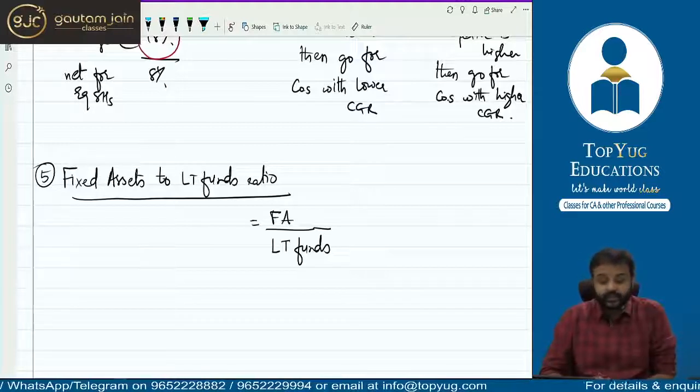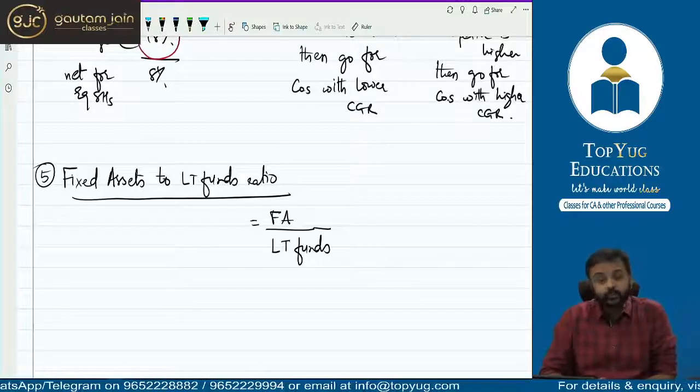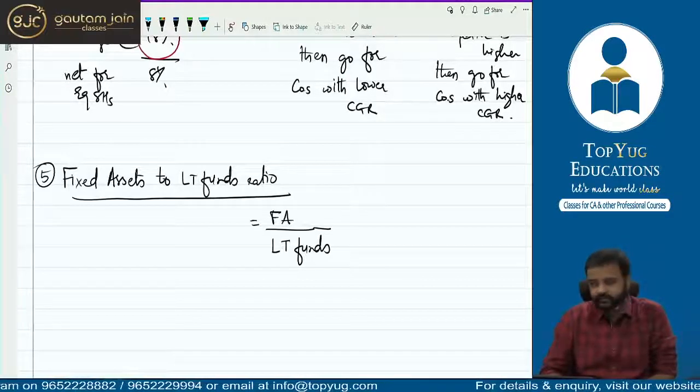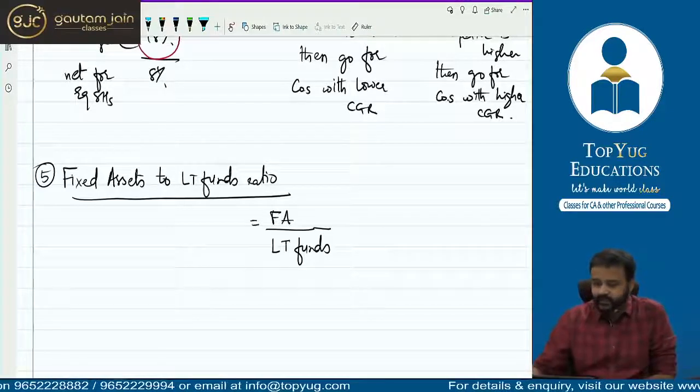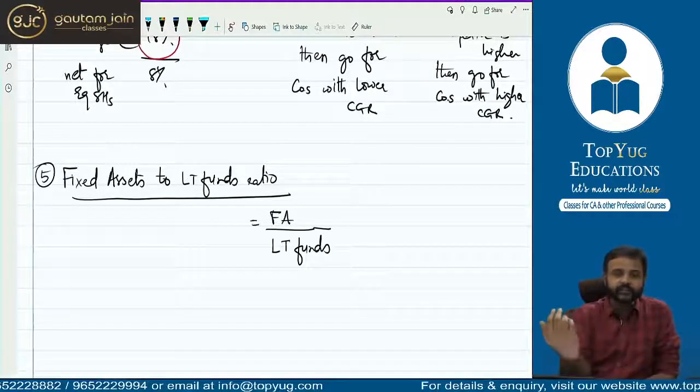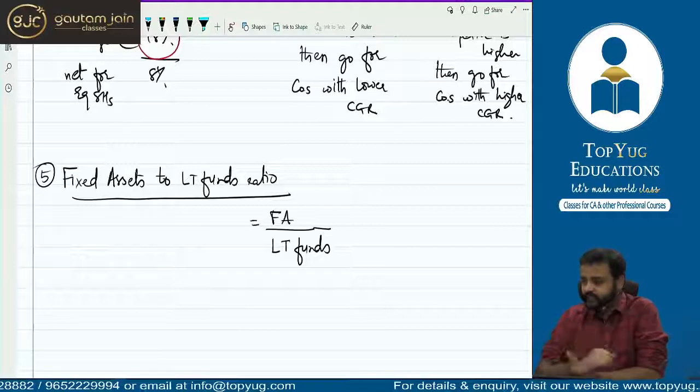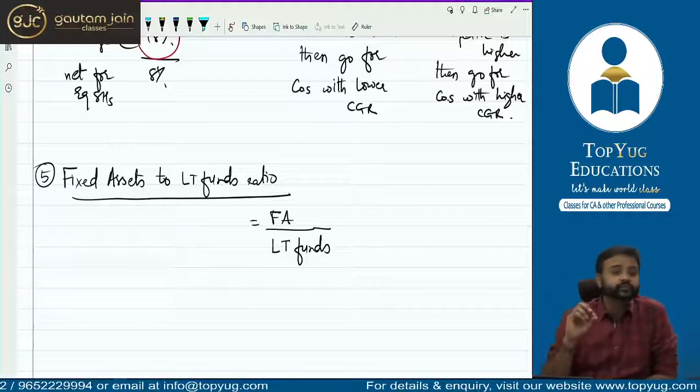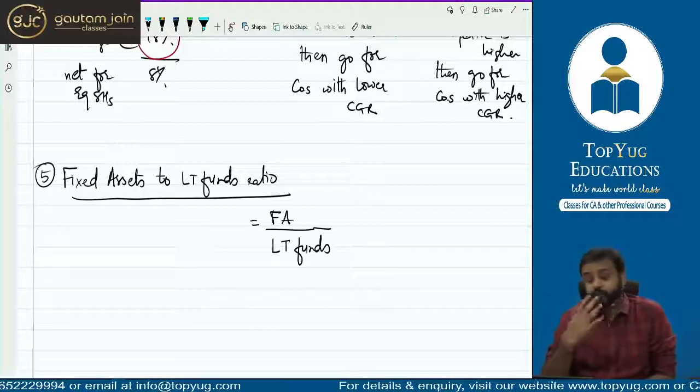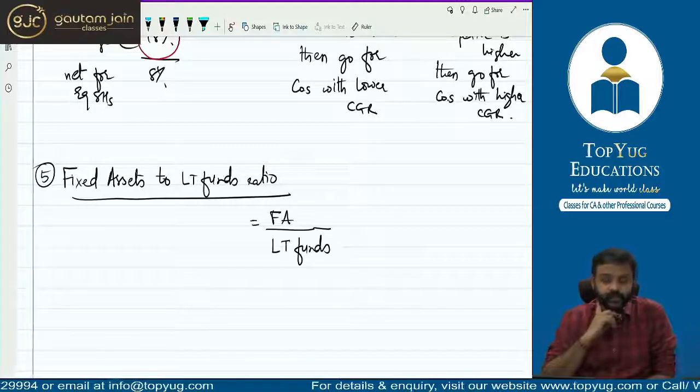So this is helping us understand how much of the long-term funds have been used for acquiring fixed assets, isn't it? Or you can say indirectly, this helps us understand how much of the long-term funds have been used for working capital. Correct?